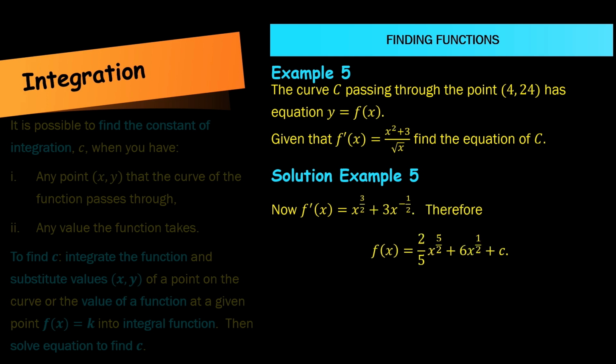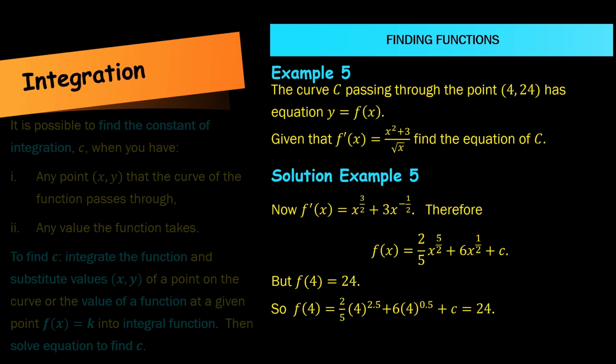However, we know that f of 4 equals 24 because the curve that we're interested in passes through the point 4, 24. Therefore, plugging these values in, here's x equals 4, and here's f of x equals 24, or y equals 24 at that point.